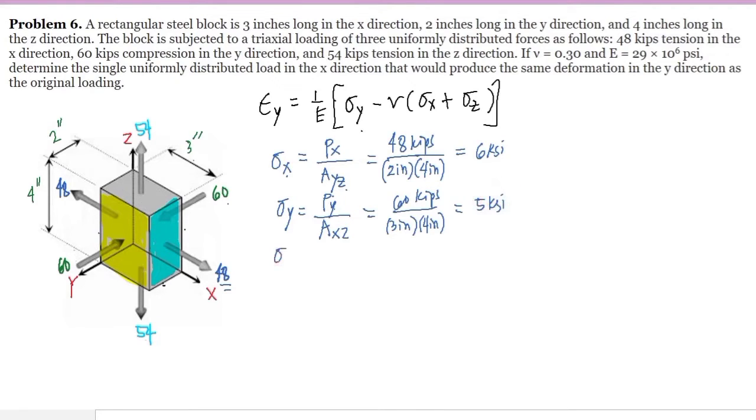And the stress along the z direction is equal to P, the force parallel to the z direction, over the area perpendicular to z, which is the xy plane.